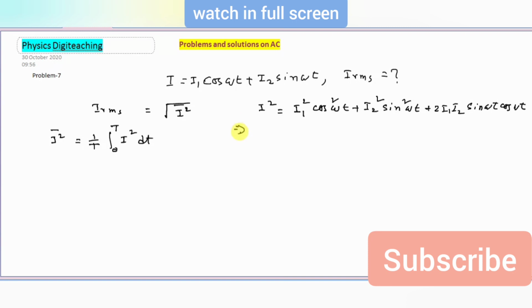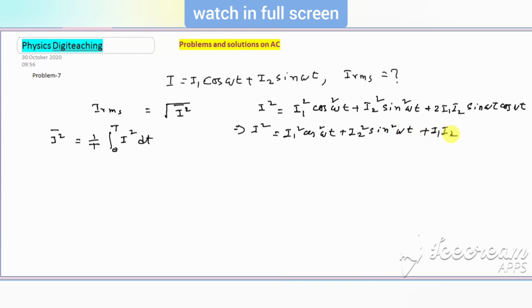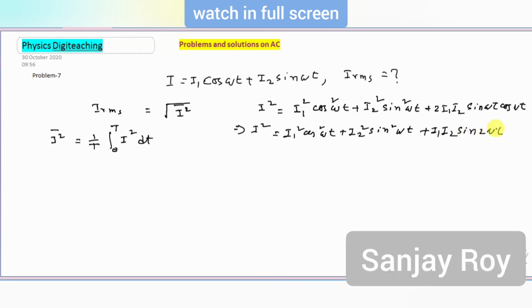So I square equals I1 square cos square omega t plus I2 square sin square omega t plus I1 I2 sin 2 omega t.